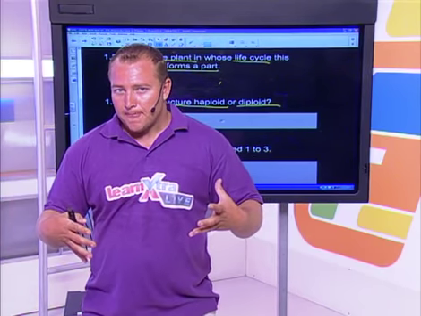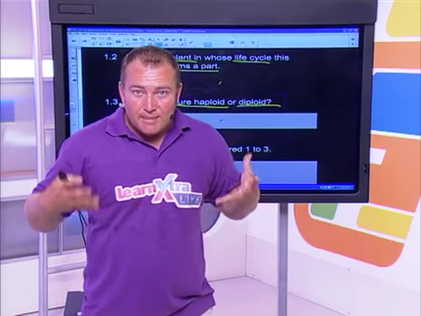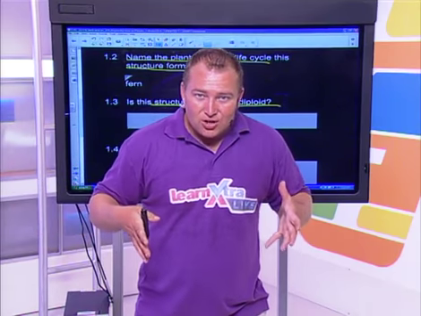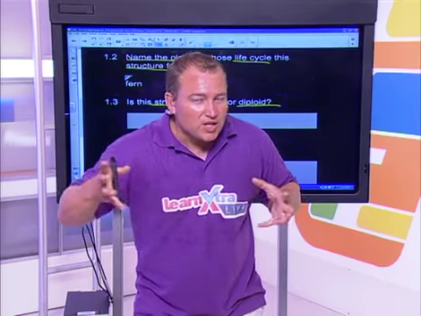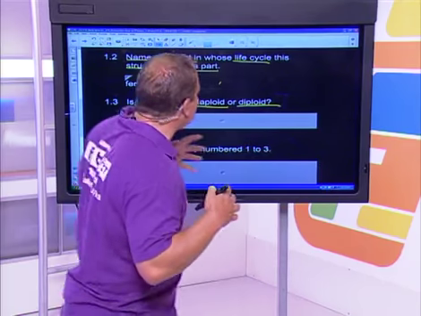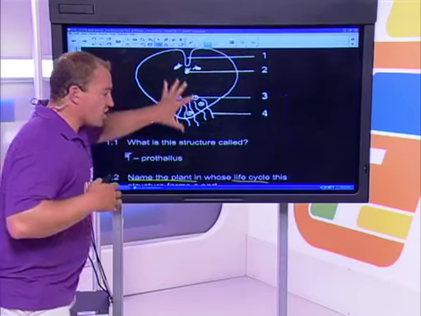Diploid is how many chromosomes are in every cell in our body. Haploid tells you it's the sex cells. It's half the amount of the chromosomes. That's the quickest way I can tell you this. So I want to know, is the structure over here haploid or diploid?